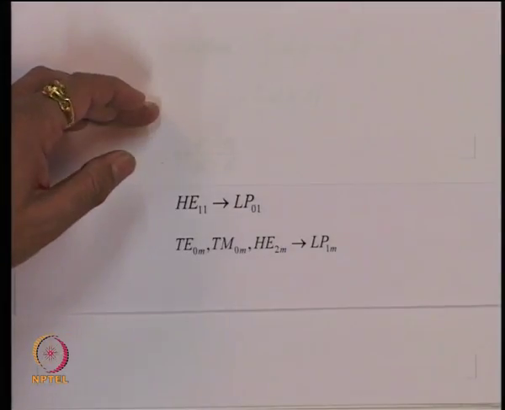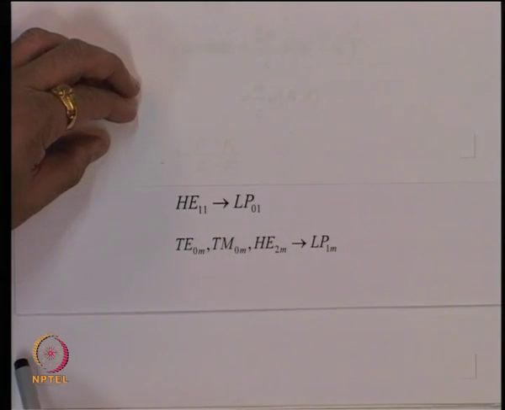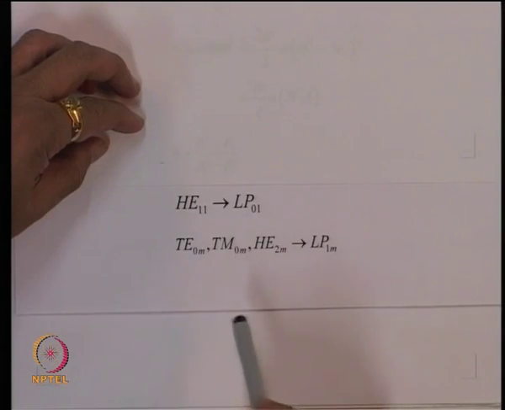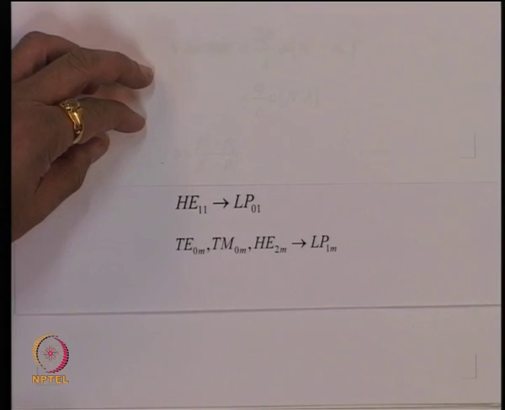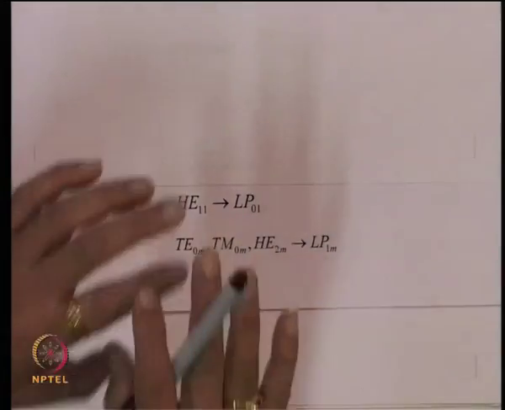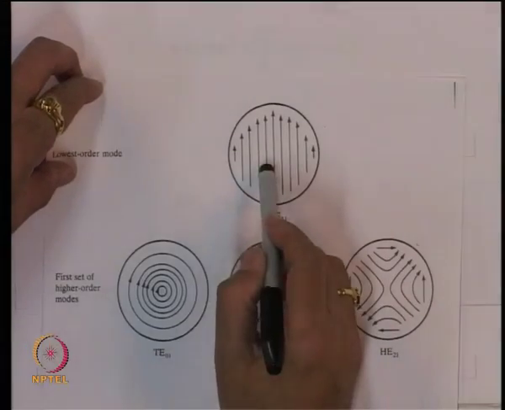So, the HE11 mode essentially becomes the LP01 mode. The first index tells me that in the azimuth direction there is no variation in the field amplitude. The second index 1 tells me that there are no zero crossings in the radial direction. So, this field distribution would be the linearly polarized LP01.